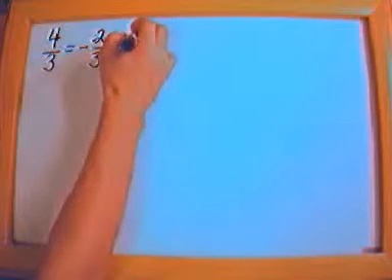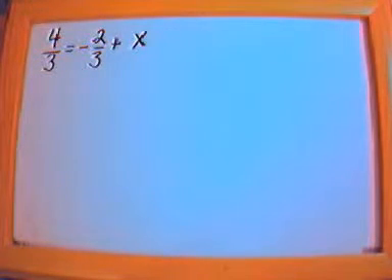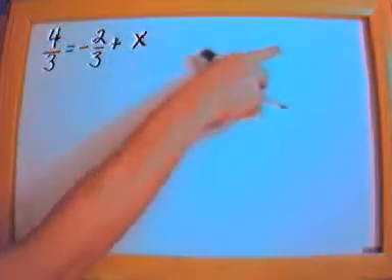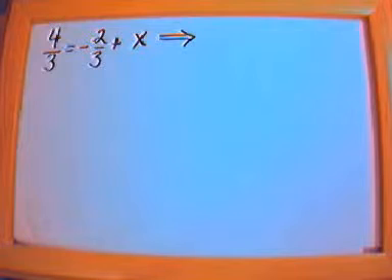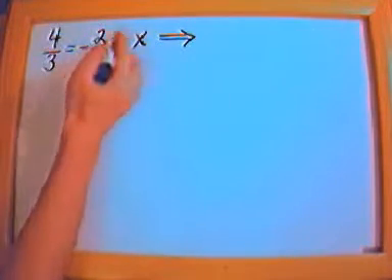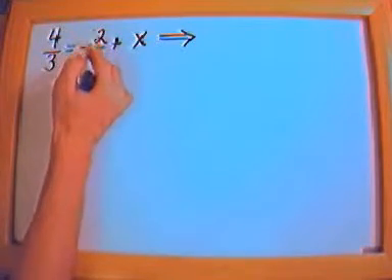Now let's take something a little bit more complicated looking. Let's say we've got 4/3 equals minus 2/3 plus x. Now I'm going to work this way to save some space. I want to get x by itself, but I'm subtracting 2/3 here.